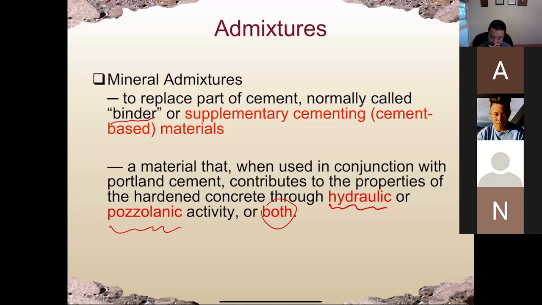Pozzolanic properties mean the material will react with alkali, such as calcium hydroxide, together with water, and form hydration products such as CSH. This is the pozzolanic reaction we discussed last week. Depending on the chemical composition, some mineral admixtures have only pozzolanic properties, and some have both hydraulic and pozzolanic properties.